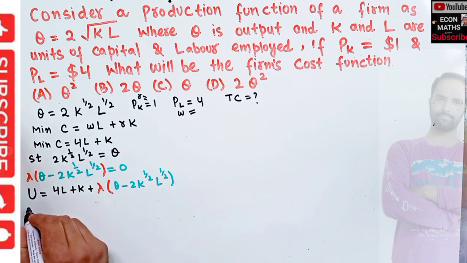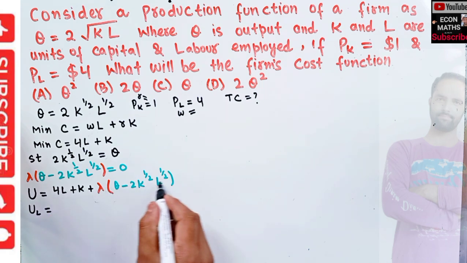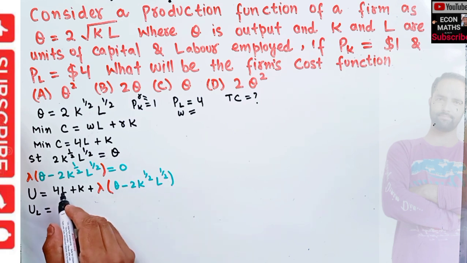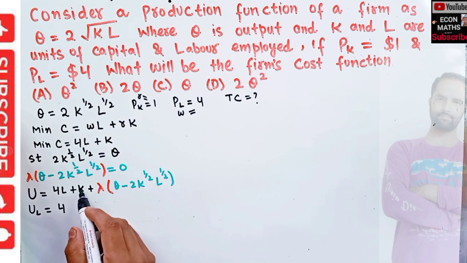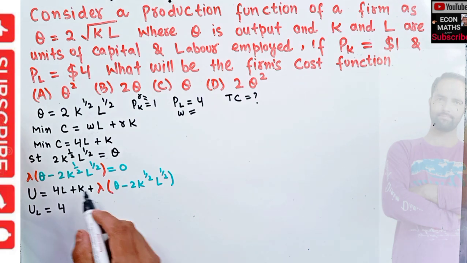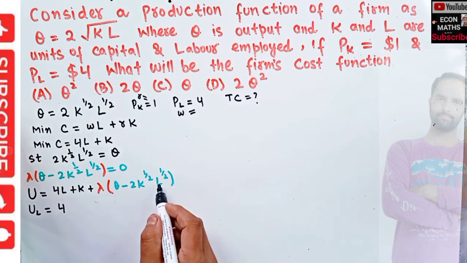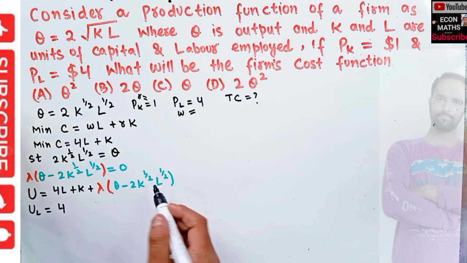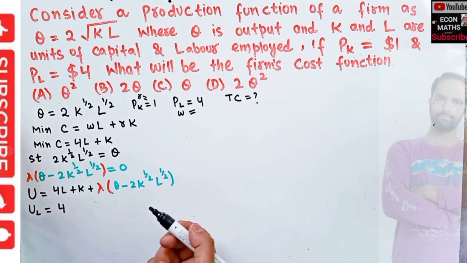That means first we find u subscript L, the partial derivative of this function with respect to labor. The derivative of 4L is 4, so we are left with 4 only. No L is involved in the second term, so its derivative is 0. Here we have L in the third term.